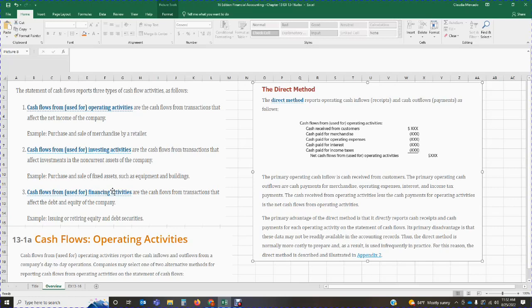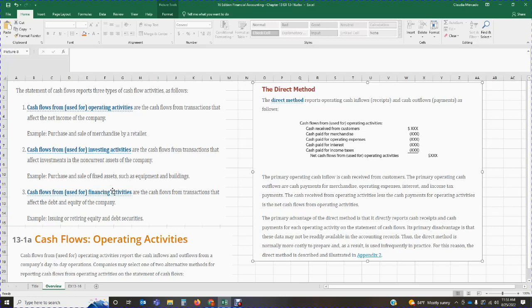Okay, if we had this information, it would be wonderful because we could directly report the cash receipts and cash payments for each of the operating activities in the statement of cash flows, but most of the businesses do not have this information readily available, making it more complicated and costly to prepare, and as a result, it is very rarely used in business practice.